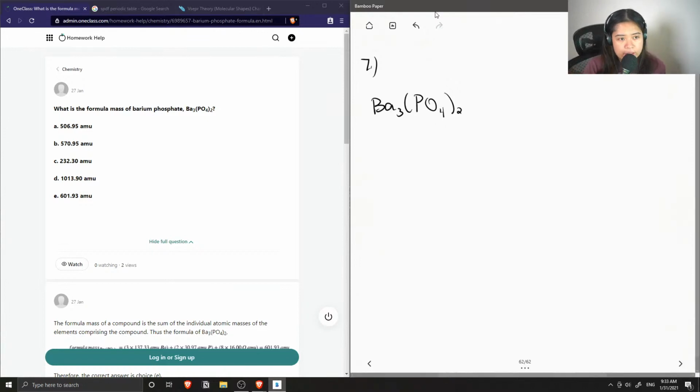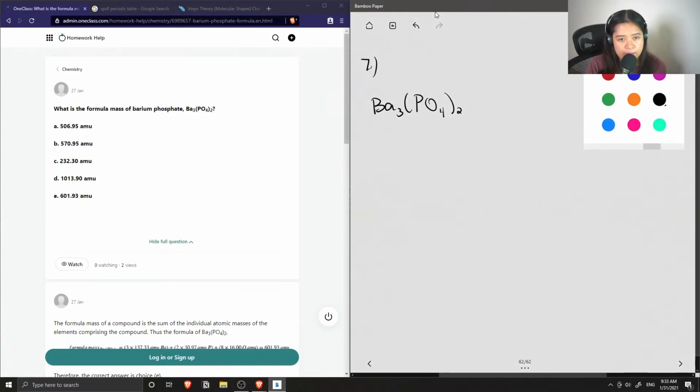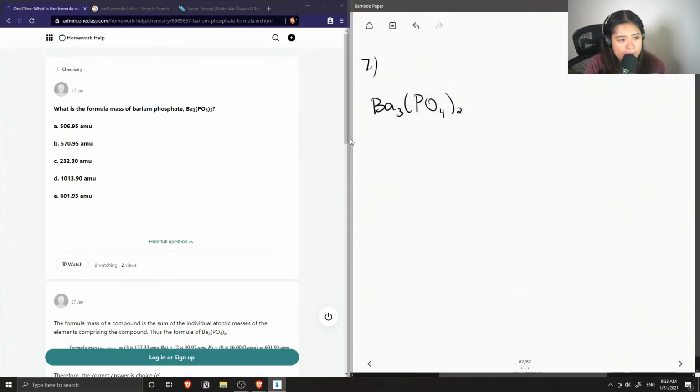Okay, so the phosphate ion is an example of a polyatomic ion, and barium is just one of the alkaline earth metals. And to calculate the molar mass of this compound, we would need all the different molar masses of all of the atoms involved.